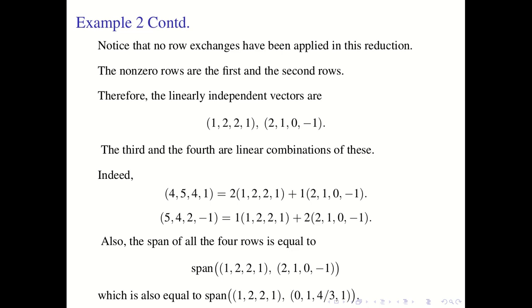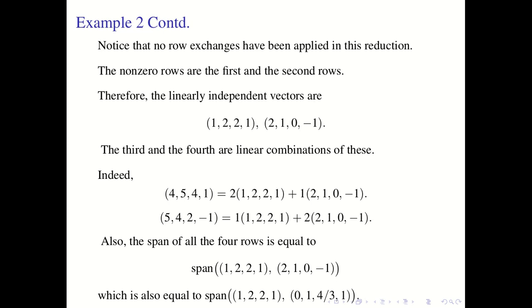One can easily find that 4 5 4 1 is 2 times 1 2 2 1 plus 1 times 2 1 0 1. Similarly 5 4 2 1 is 1 times 1 2 2 1 plus 2 times 2 1 0 minus 1. So the first two vectors are linearly independent, and the other two vectors are a linear combination of the first two.